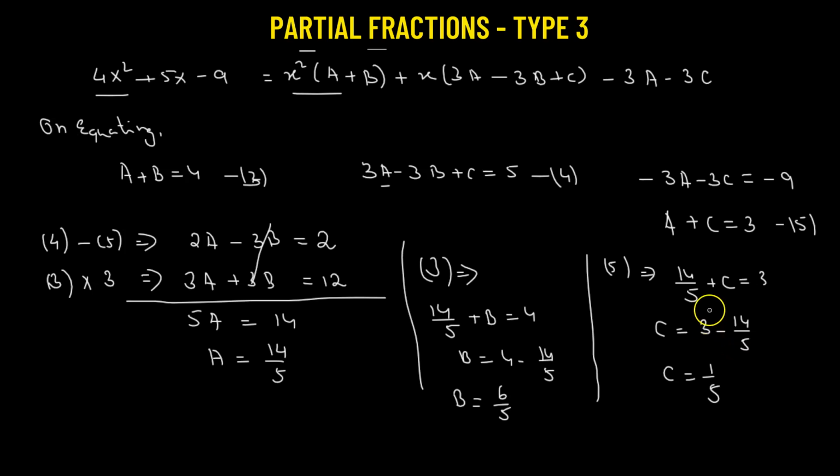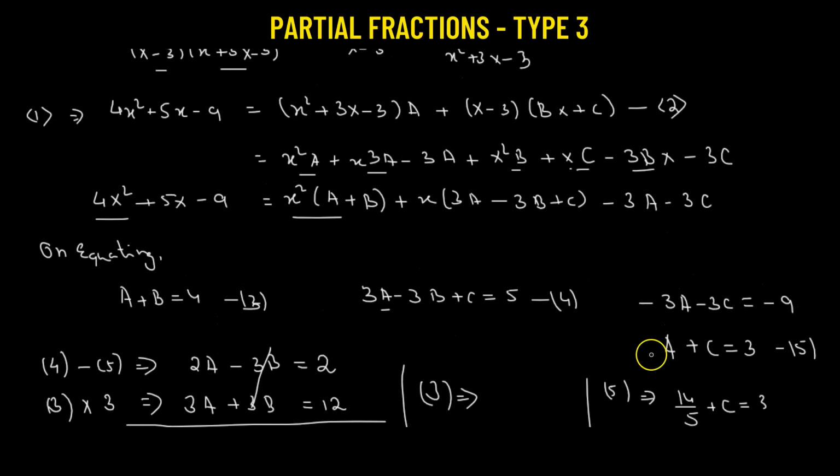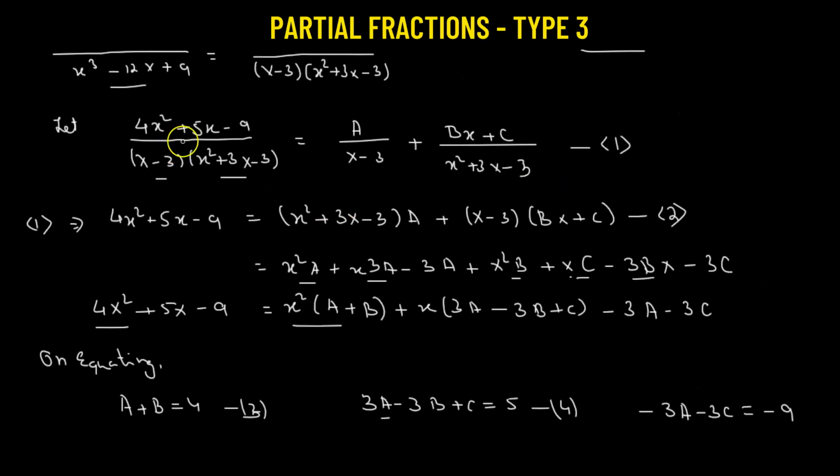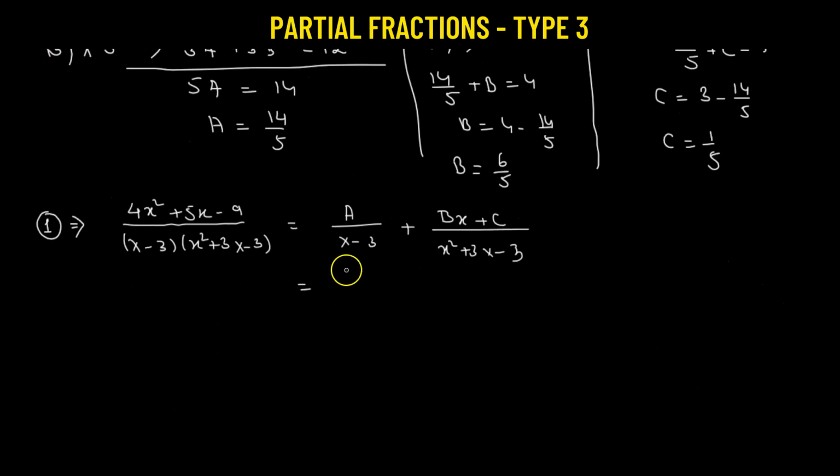So here we have obtained the value of a, we have obtained the value of b, as well as the value of c. What we'll do, we will substitute this back in equation number 1. So we have, in place of a, 14 over 5, so we have 14 over 5 multiplied by x minus 3, plus 6 over 5 x plus 1 over 5 divided by x squared plus 3x minus 3.